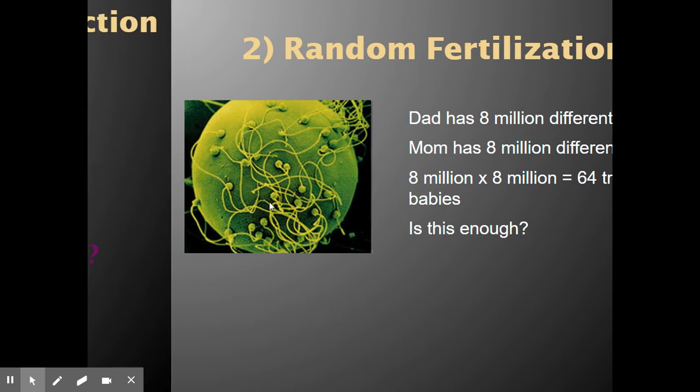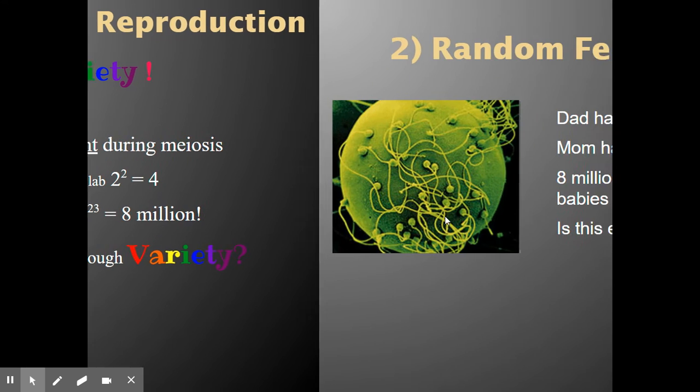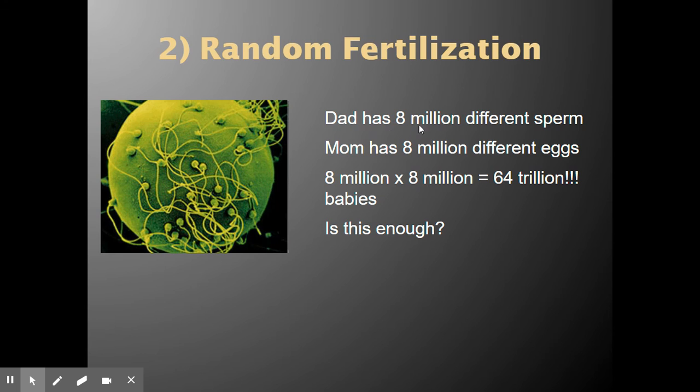If we look at our possibilities here with 8 million possibilities for each person, this means dad has 8 million different sperm and mom has 8 million different varieties of eggs that she could form. Ooh, we got thunder outside. This means we have 8 million times 8 million different possibilities.